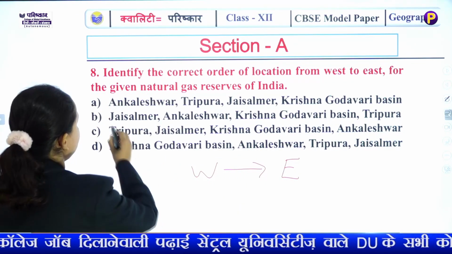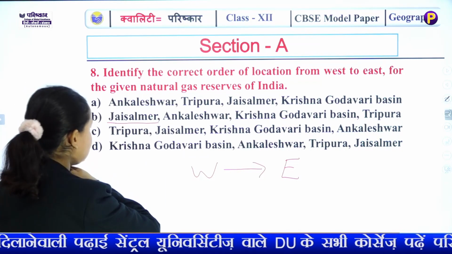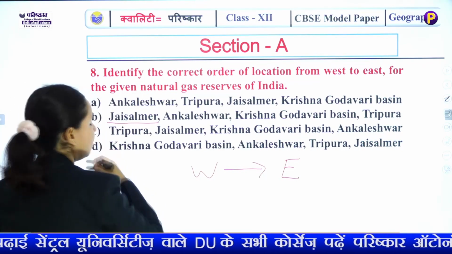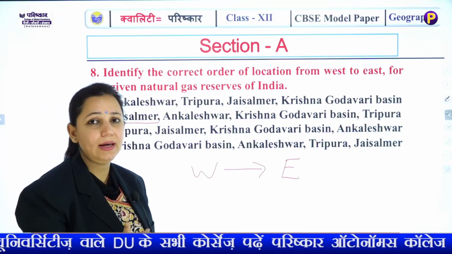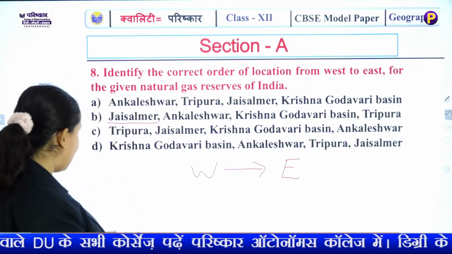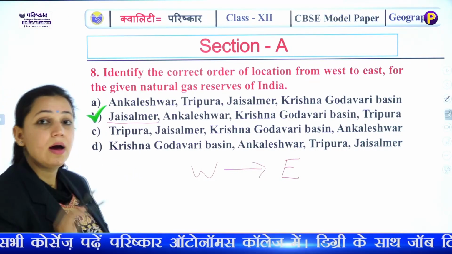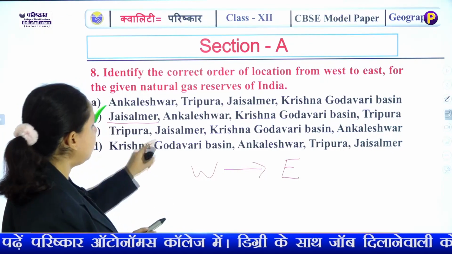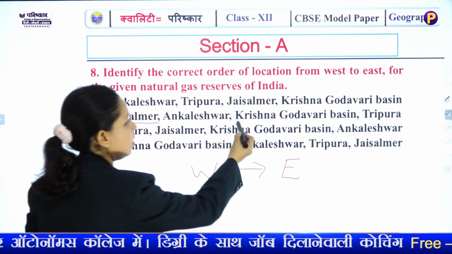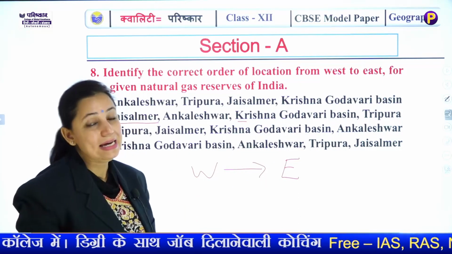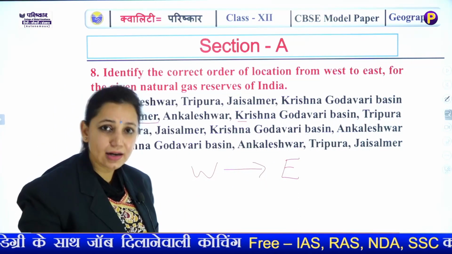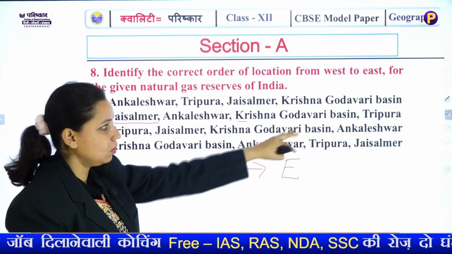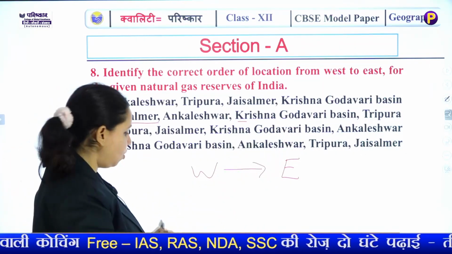We all know that Jaisalmer is located on the western side. So our probability of option B is more. So our right answer is B, Jaisalmer, Ankleshwar, Krishna-Godavari, and you know Tripura is the easternmost state of India. So Tripura has to be the last option.